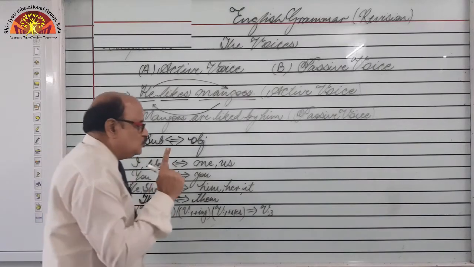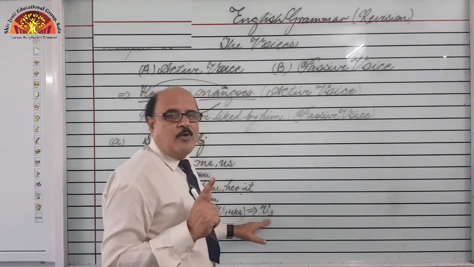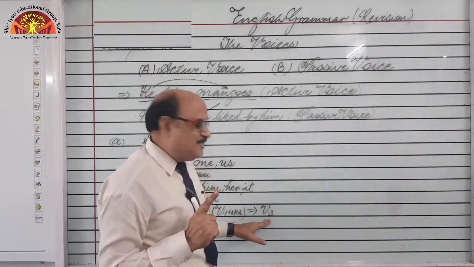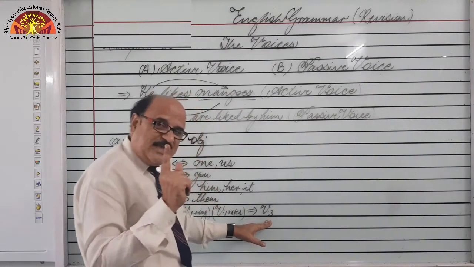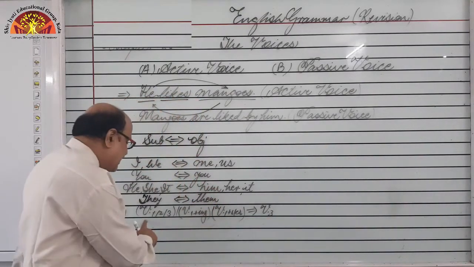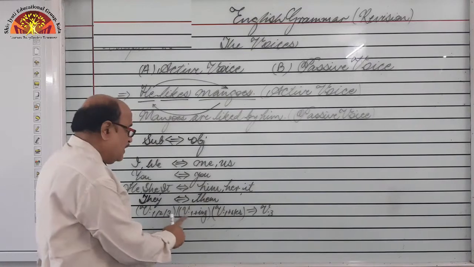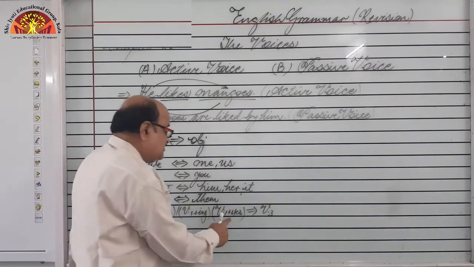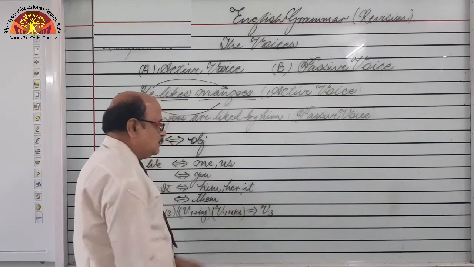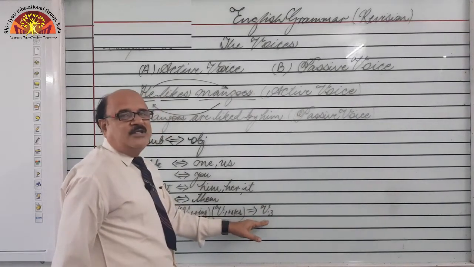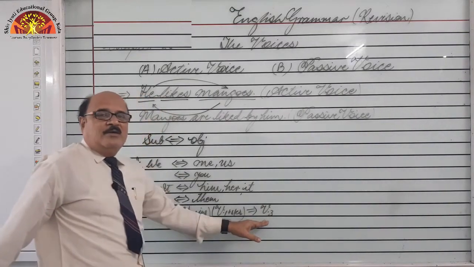But we have to use only the third form of the verb in the passive voice, and that is taken. The example verb is take. So take, took, taken may be given, taking may be given, takes may be given, but that is for sure that only the third form of the verb will be used.